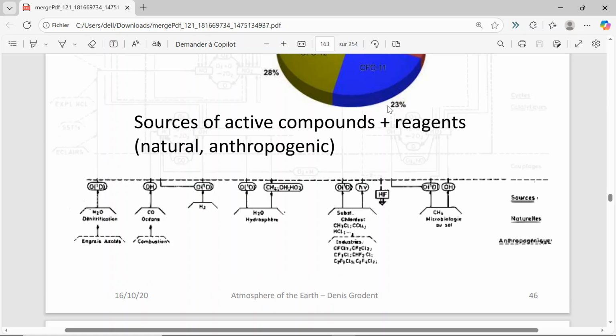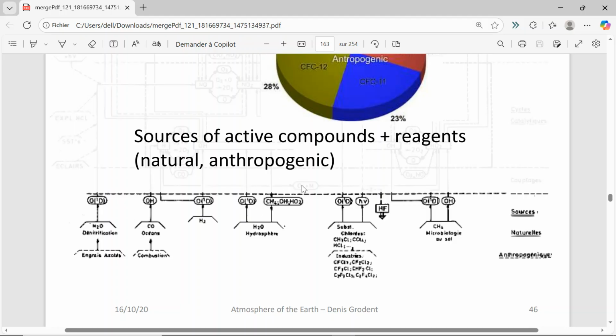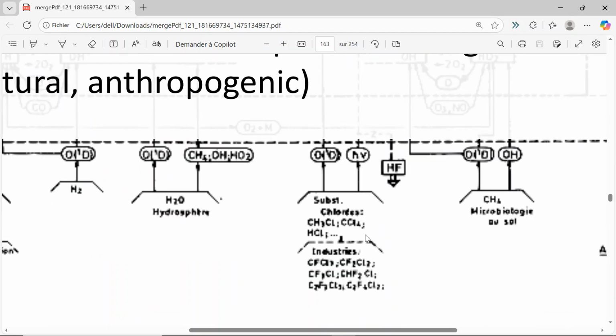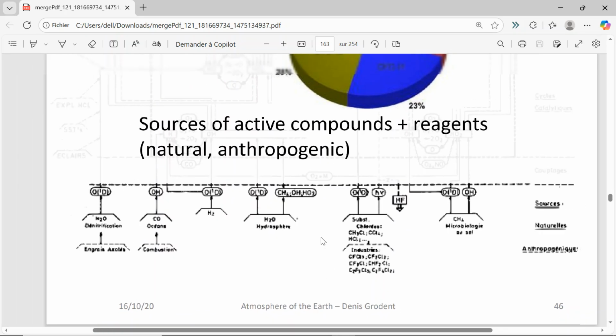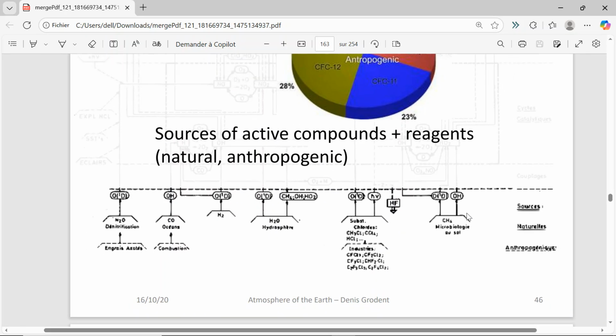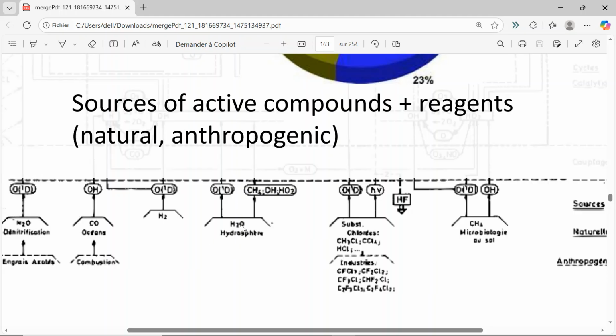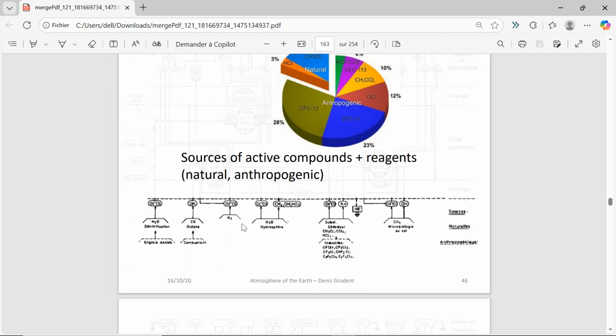You have different kinds of origin, natural or anthropogenic. Anthropogenic means due to human activity. I think mainly about the Cl, the chlorine, the halogen part. Here, it's mainly due to industry. The release of CH, where is CH? It is due to the wood, as explained before. So this is natural.